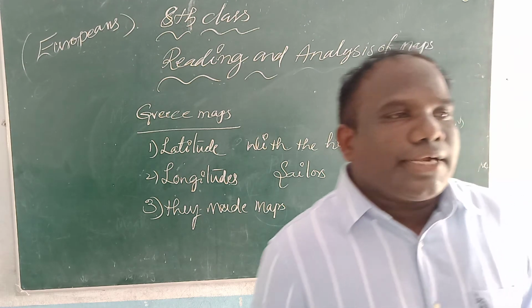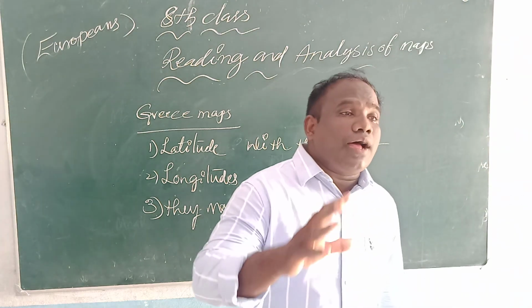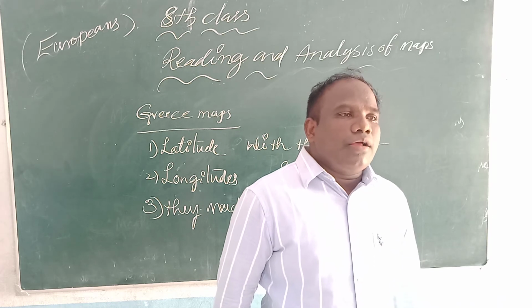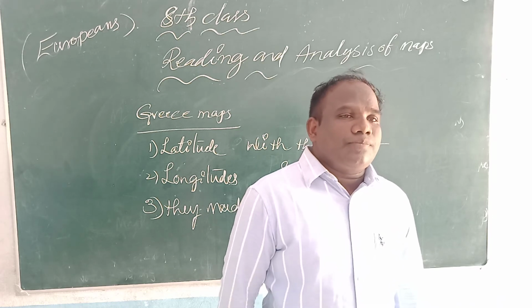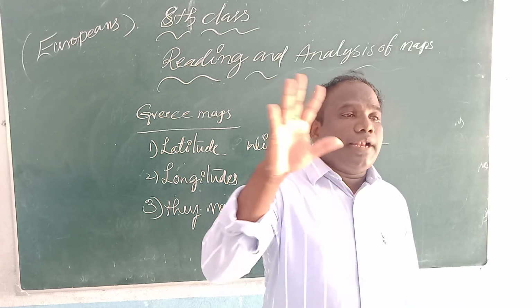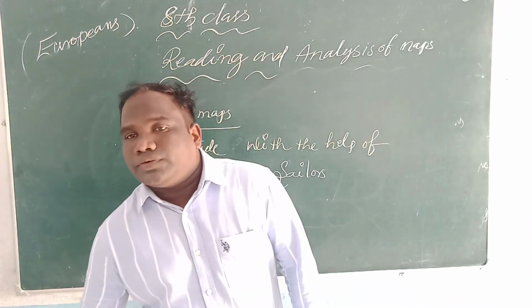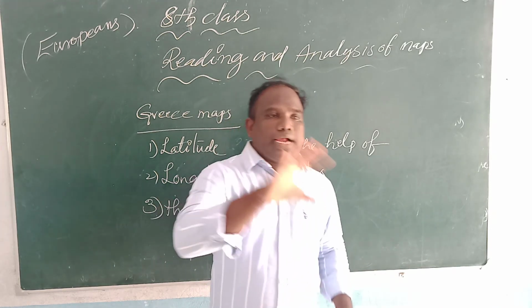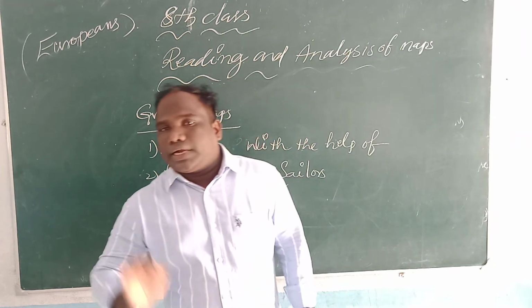How do latitude and longitude work? With the help of the grid. What is a grid? A grid is a network of latitude and longitude. That is the grid.